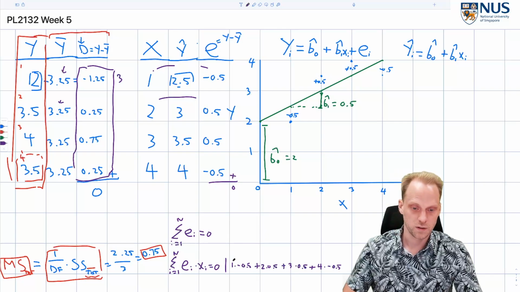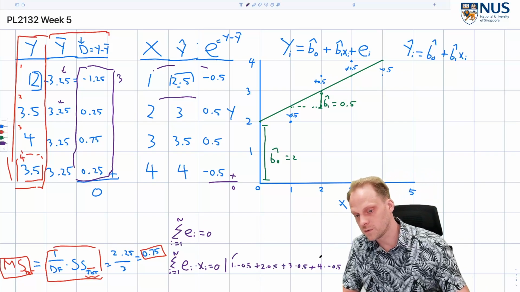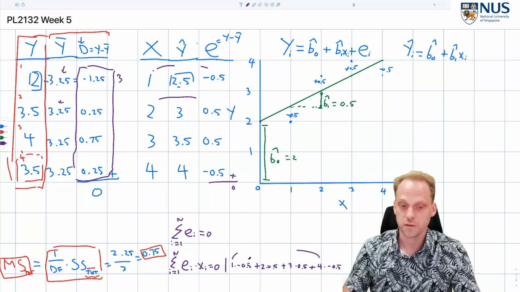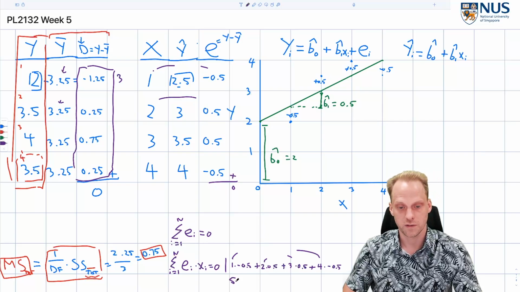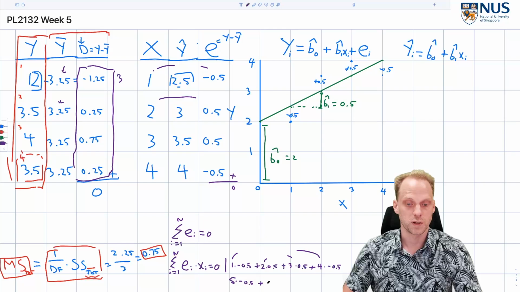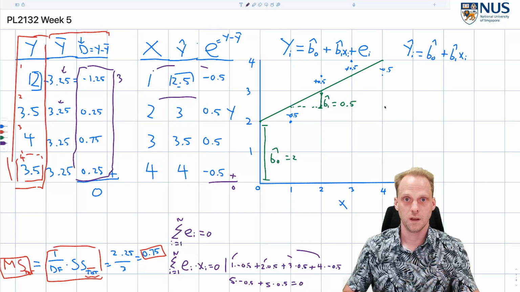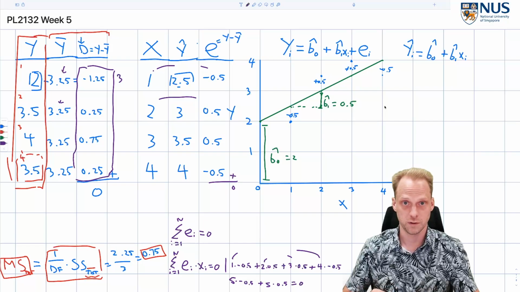We have here 1 plus 4, so that's 5, and we have here 2 plus 3, so that's 5. So we see 5 times minus 0.5 plus 5 times 0.5 indeed equals 0.